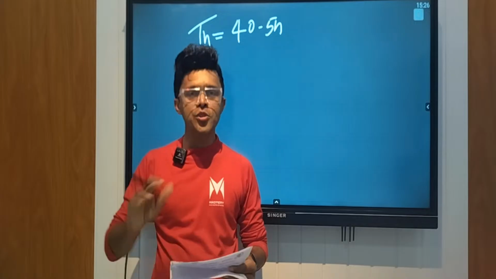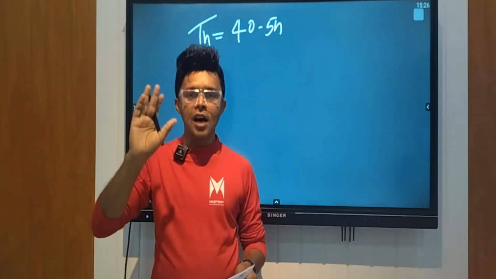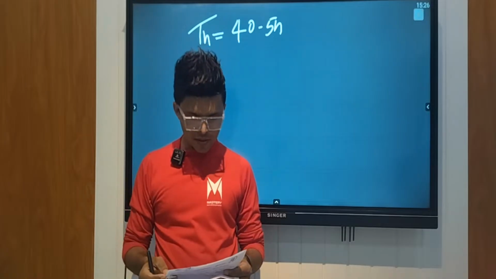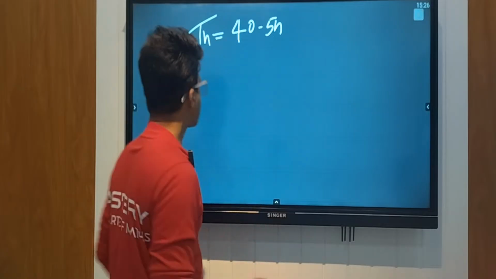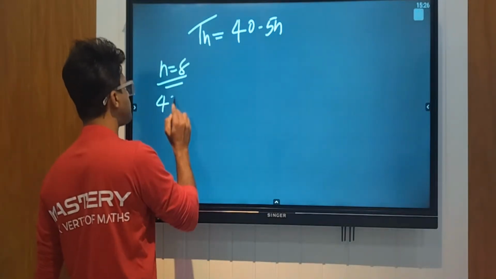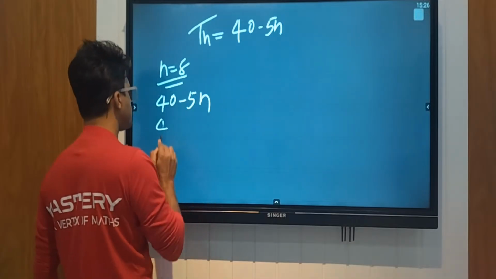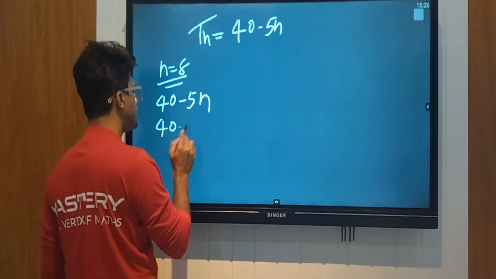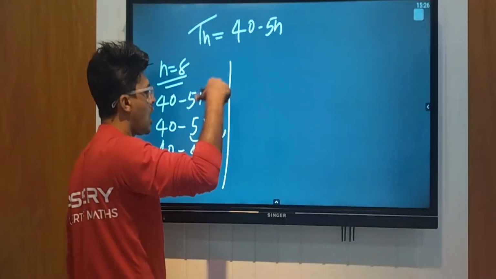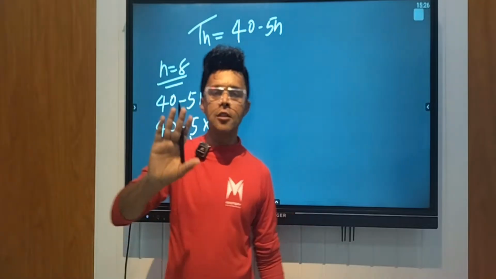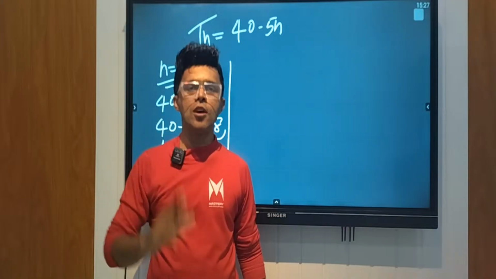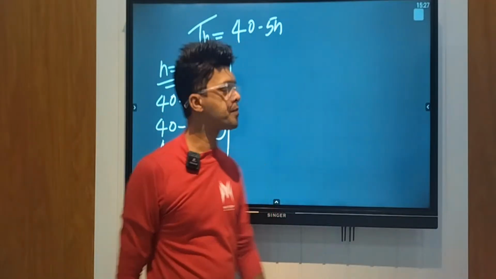So let's calculate the 8th term. They are mentioning that after the 8th term, all the terms that we are going to take are negative numbers, you need to show that.